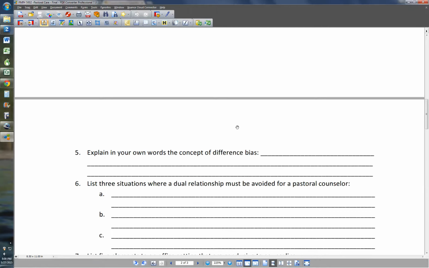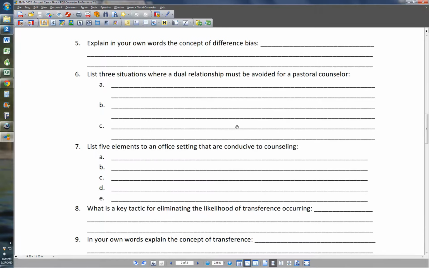Number 5, explain in your own words the concept of difference bias. We had an entire video on that one, right? The basic idea is that when you go into your counseling, you want to counsel them based on biblical principle instead of just trying to make them like yourself, because difference bias is when you come in and the things that you identify as wrong in them are just the things that are different from you, and not necessarily things that are wrong.